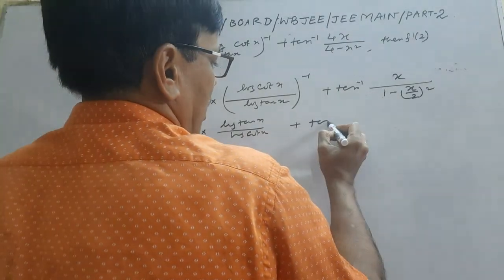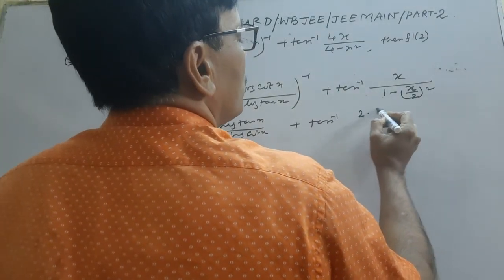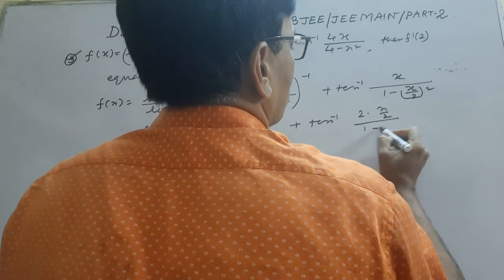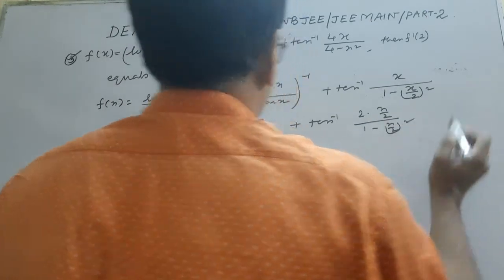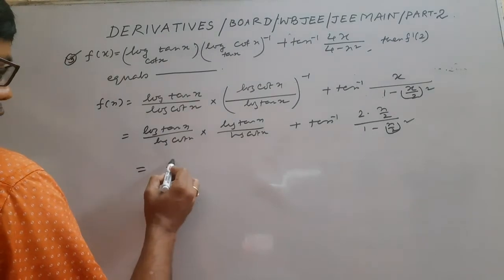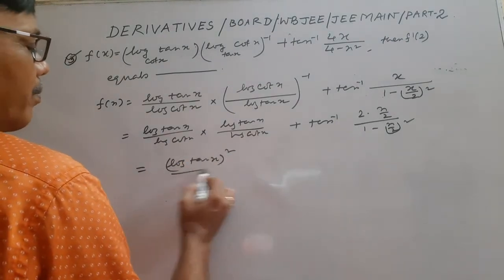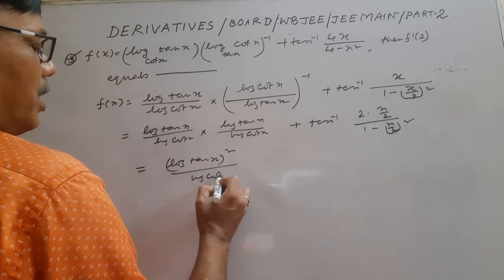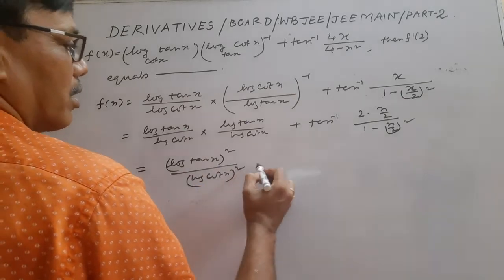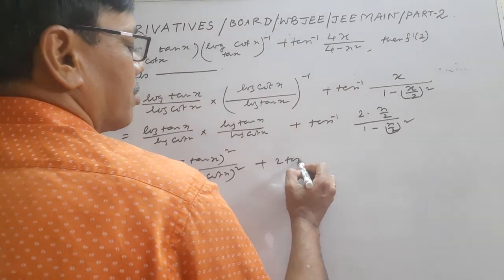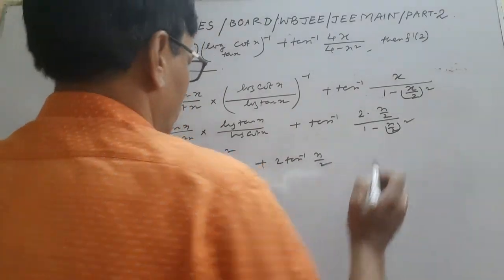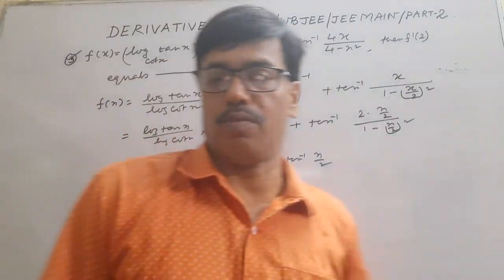So this is tan inverse of 2 into x by 2 over 1 minus (x by 2) whole square. So (log tan x) whole square, (log cot x) whole square, and 2 tan inverse x by 2. This is the simplified form.